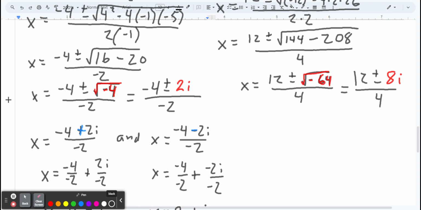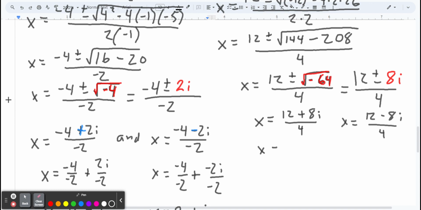We can use our plus and minus to split. So we get x equals 12 plus 8i over 4 and x equals 12 minus 8i all over 4. We can start simplifying it out by breaking apart that fraction.